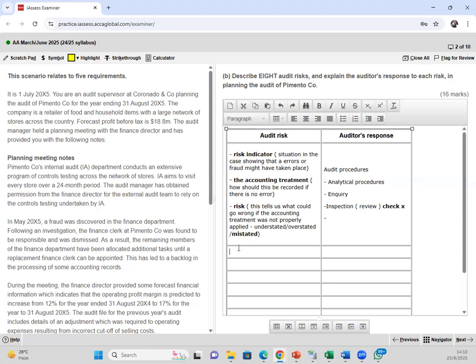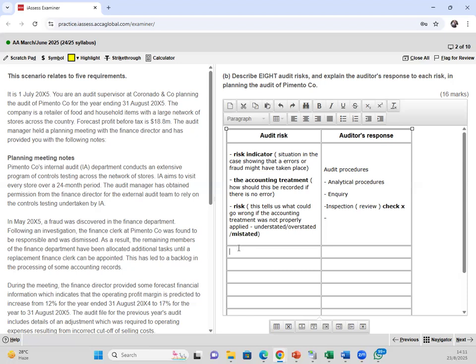Then you say there is a risk that the asset was not removed from the asset register, resulting in the asset figure being misstated. Then everything you have said is wrong.